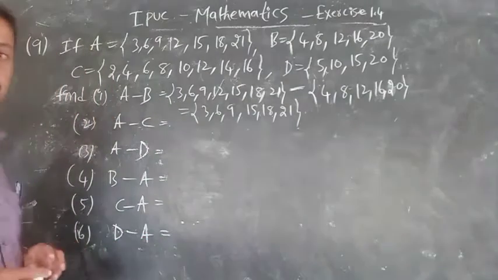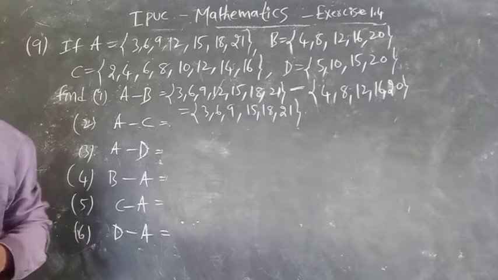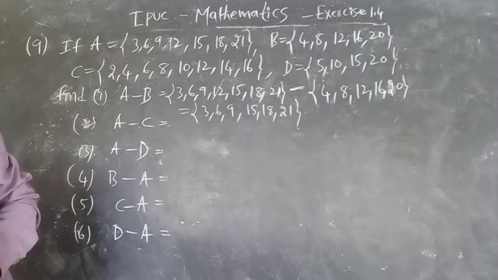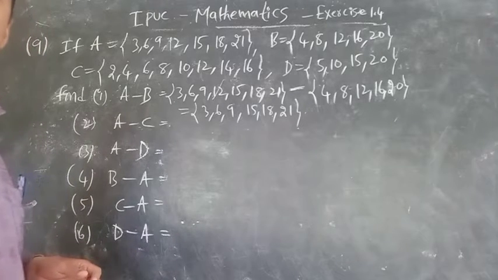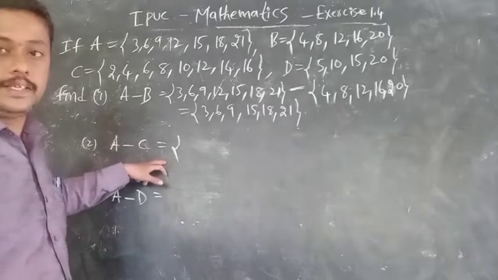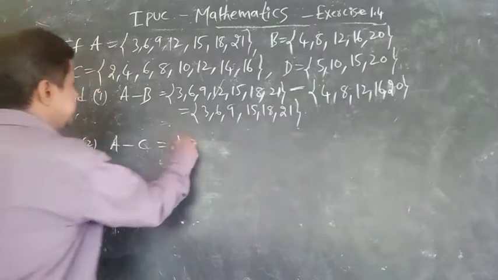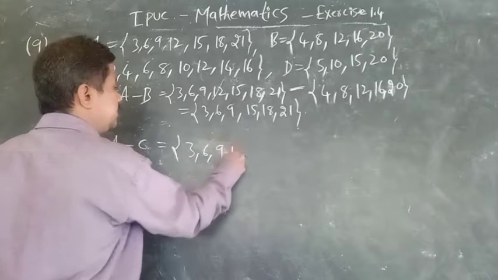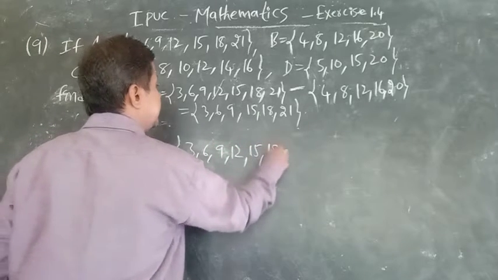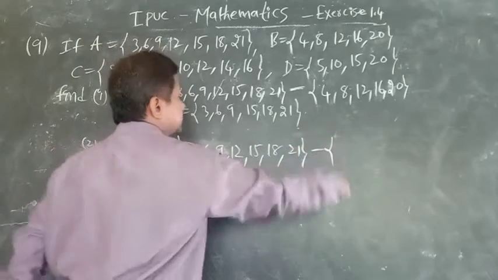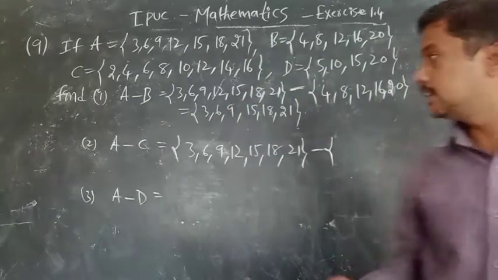Okay. A minus C is what? See A minus C. Write down A: 3, 6, 9, 12, 15, 18, 21, minus. Okay. C means what?